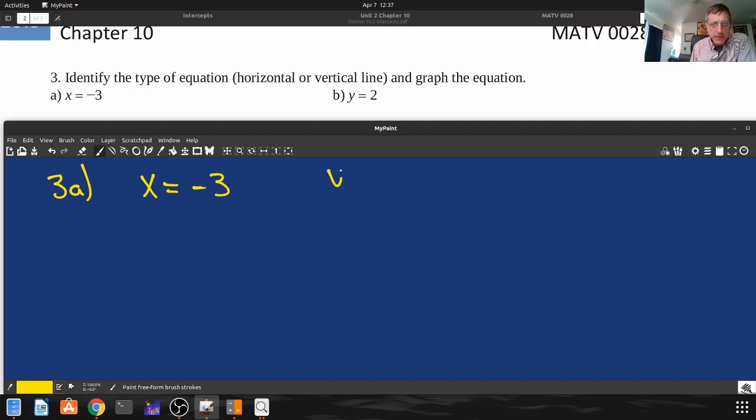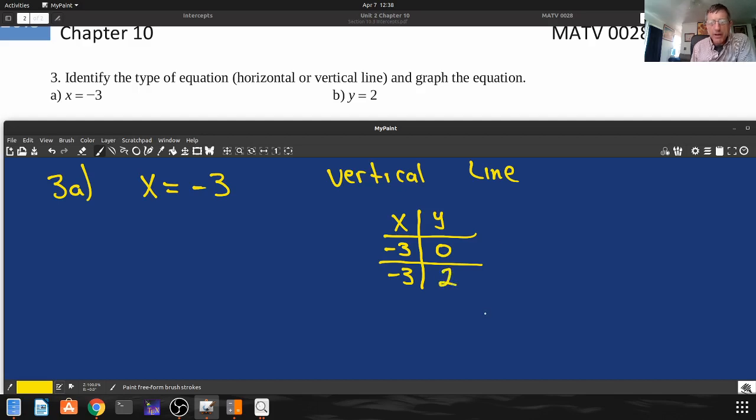So that tells me this is a vertical line. And how do we find 2 points on that line? You just put minus 3 in the x, and you can put your y value anything, because the x is a constant value.